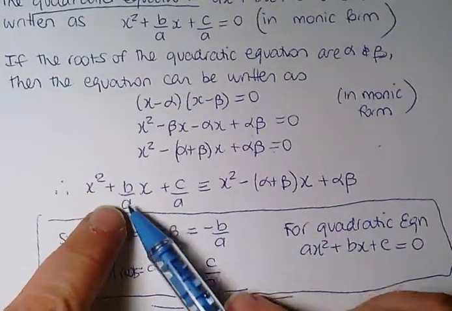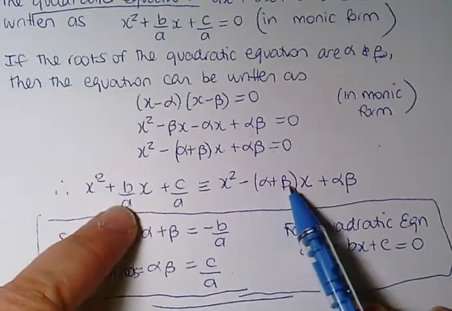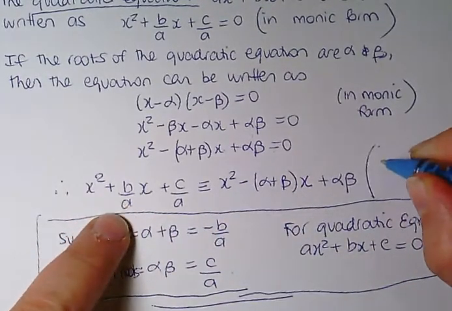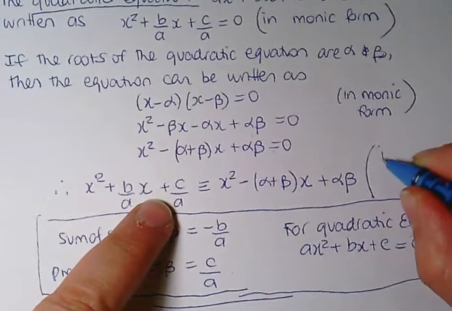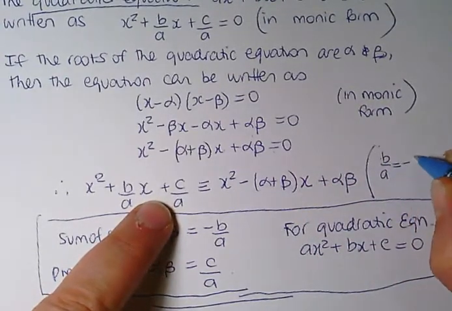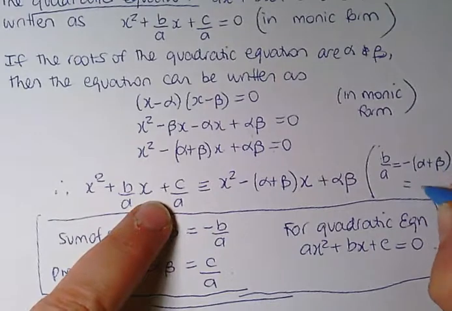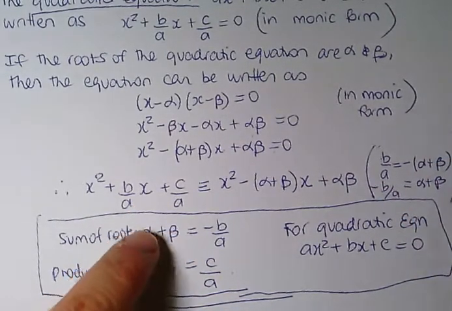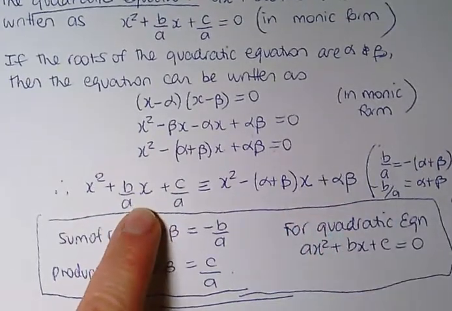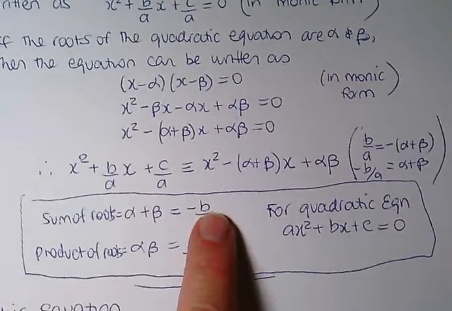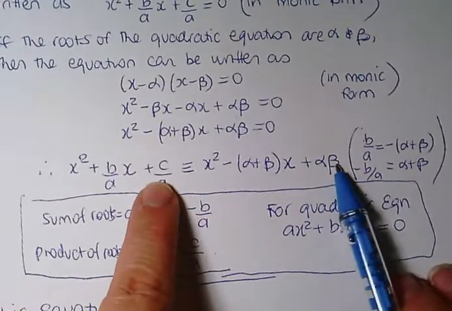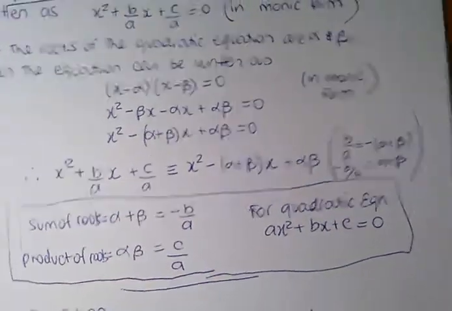Sorry, what we've got is, if I'm just comparing the coefficient of the x terms, b on a equals negative alpha plus beta. So in other words, alpha plus beta is negative b on a. So we can see that from equating these two sides, which is the result we achieved yesterday. And we can see the product of roots, they're both positive, so that's fine. Alpha times beta is c on a.